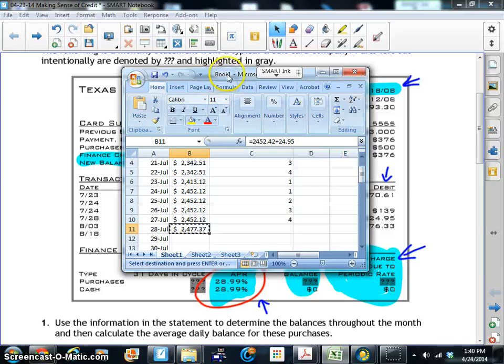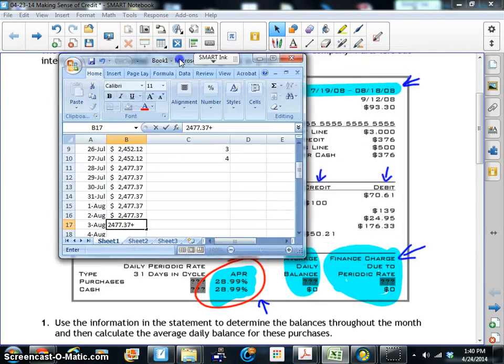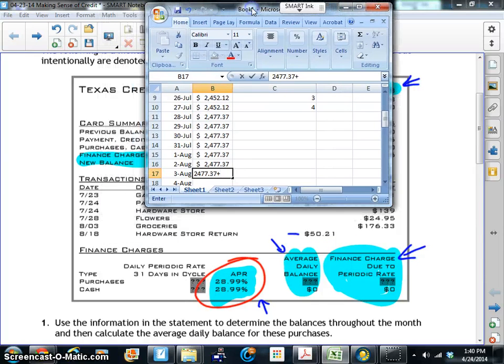So then on the 28th, it stays like that to the 3rd of August, to the 2nd of August, and then on the 3rd of August we have another change. 2477.37 plus whatever we have for our groceries, because that's a grocery bill. So that's $176.33.